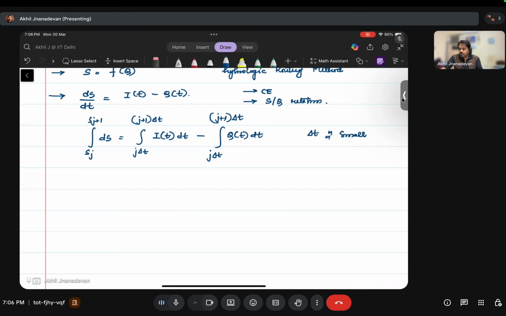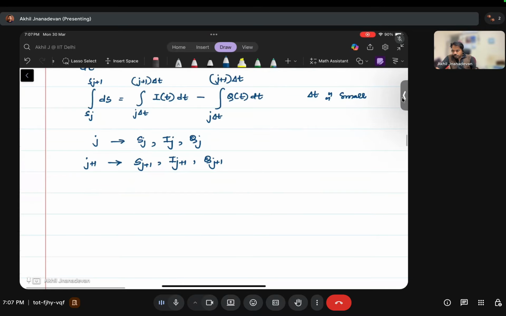Once we say the variations are linear, for example, for the jth time step we have storage Sj, inflow Ij, and outflow Qj, and for the j plus 1 time step we have storage Sj+1, Ij+1, and Qj+1, which are the storage, inflow, and outflow at the j plus 1 time.